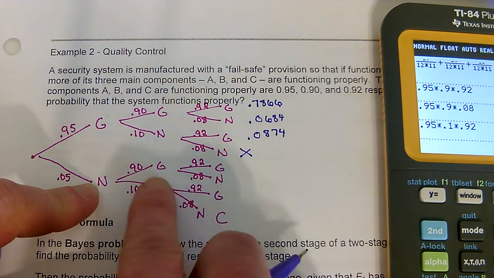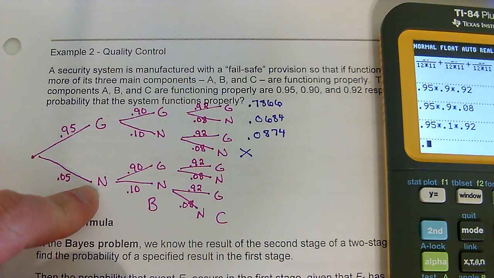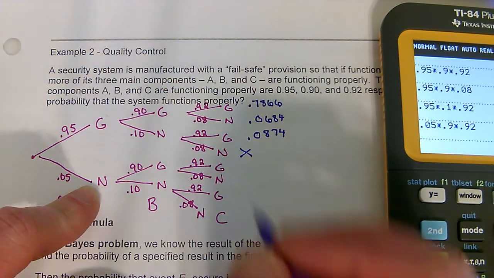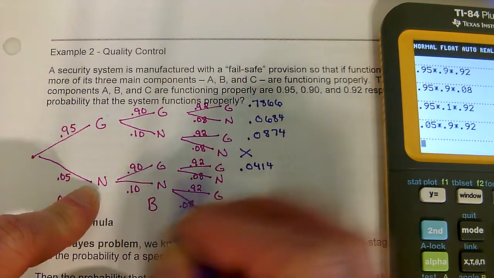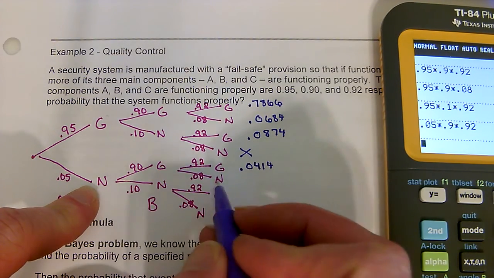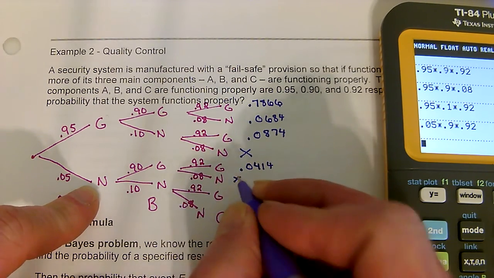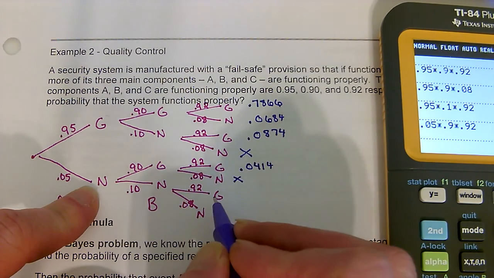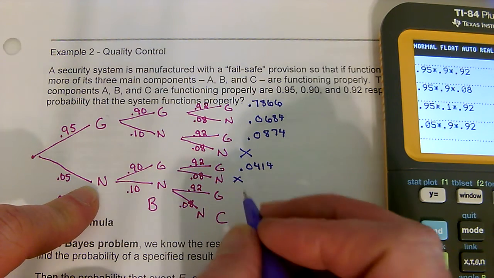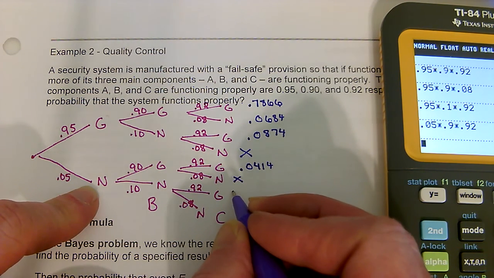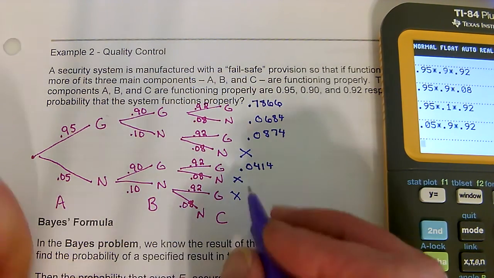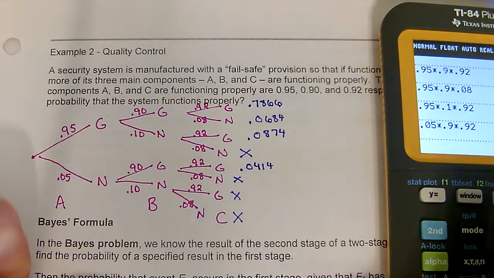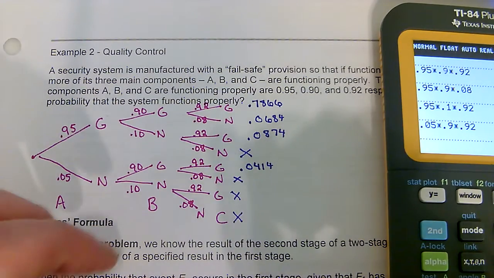What about a no on the first one, then a good, and then a good? That's okay. So 0.05 times 0.9 times 0.92 is 0.0414. What about a no, a good, and a no? A no, no, good? A no, no, no? Definitely not. So there are 4 ways this could happen.